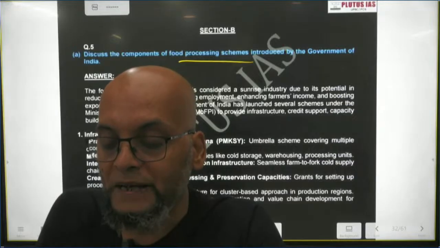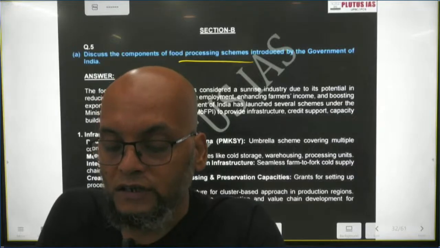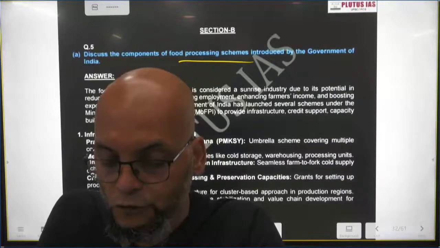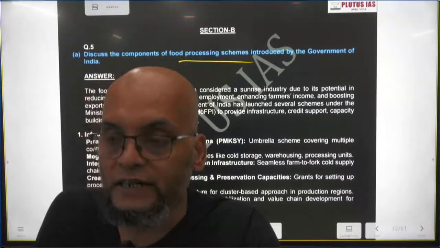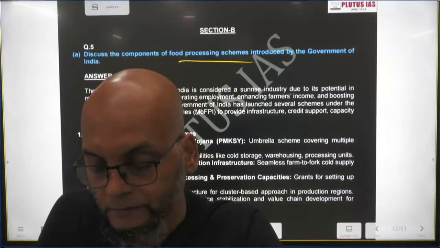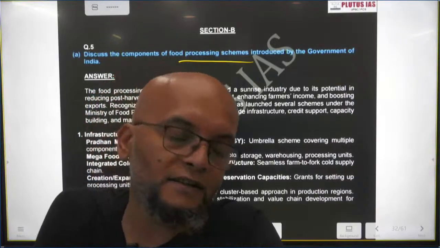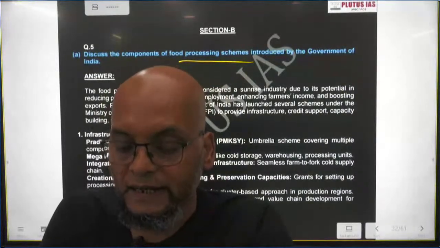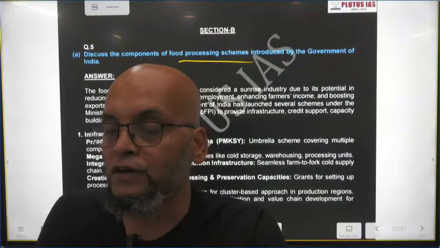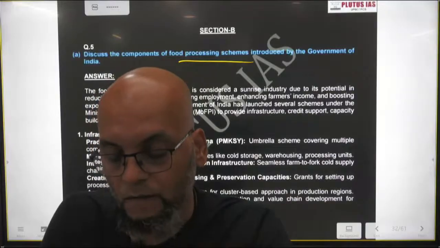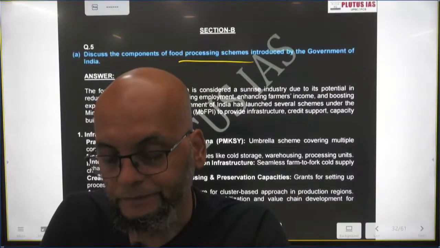Rather, you should make notes of the schemes launched by the government from 2014 till 2024, for the past 10 years, in the Modi regime. Getting my point?